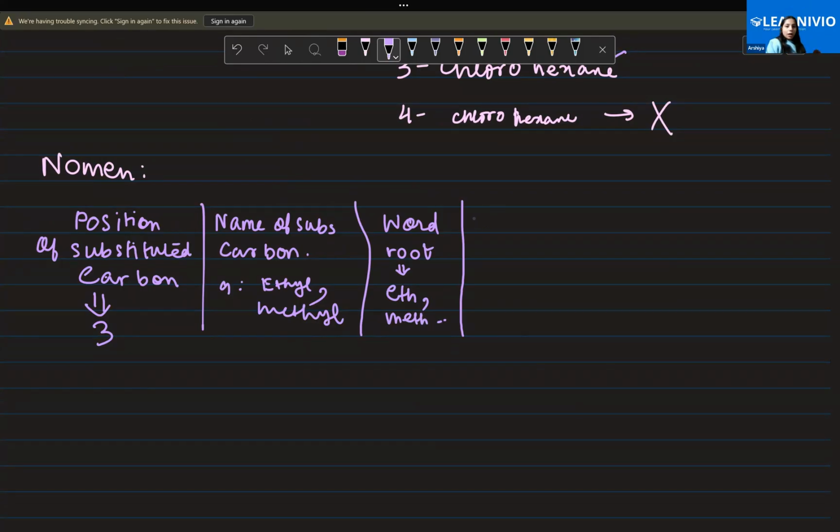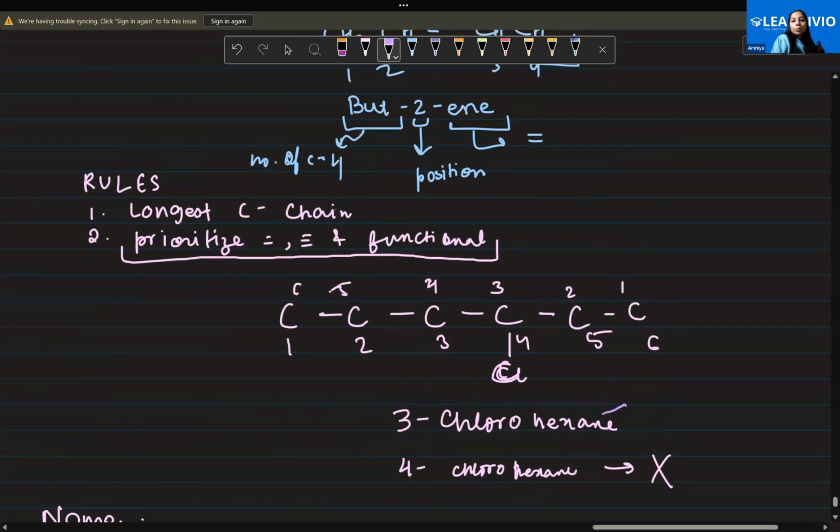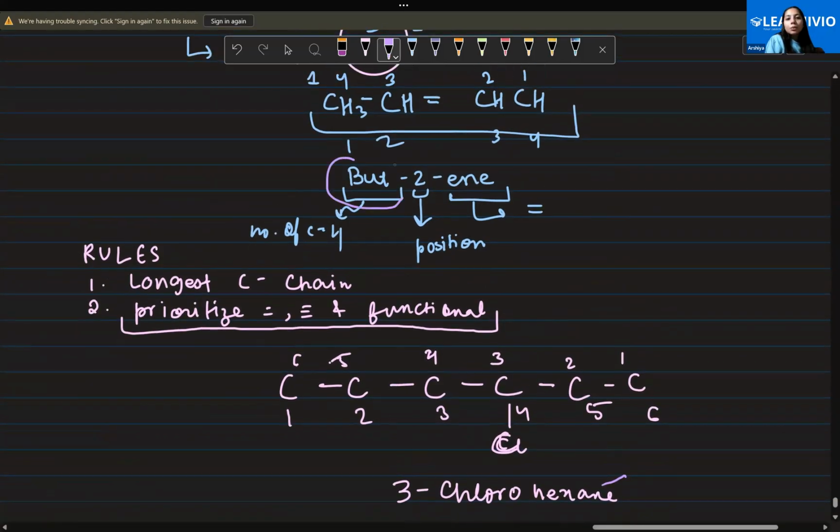Now after this, you have to write the position of the double bond, triple bond. Let's go back to this example where we had a double bond. But to ene. But is the root. So we wrote the root first. Then the position of double bond was 2. So we wrote 2.